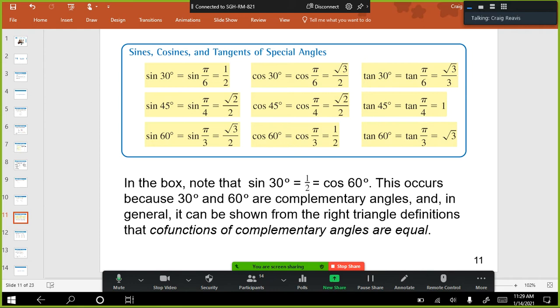All right, now there are certain special angles where it is very helpful if we know the sine, cosine, and tangent of them, and those are these right here, the 30, the 45, and the 60.